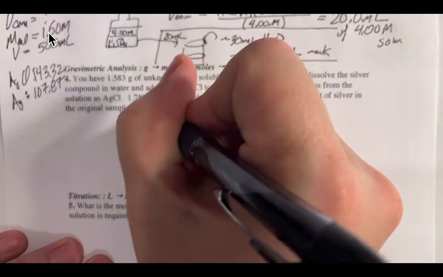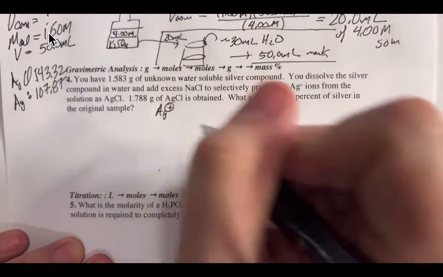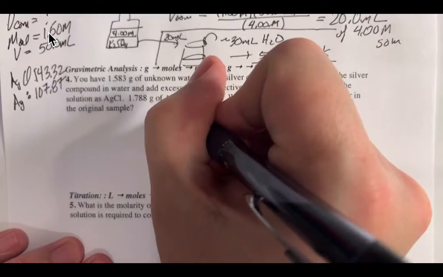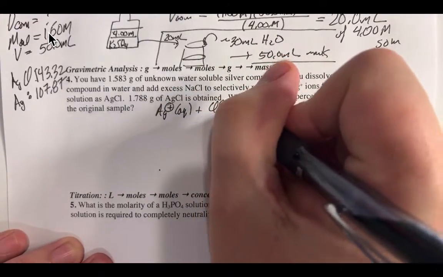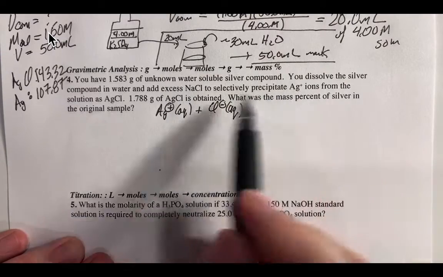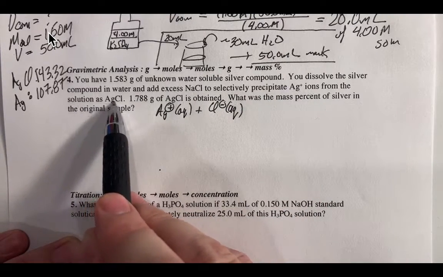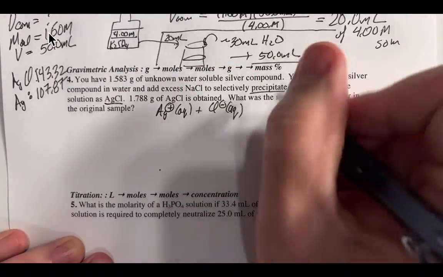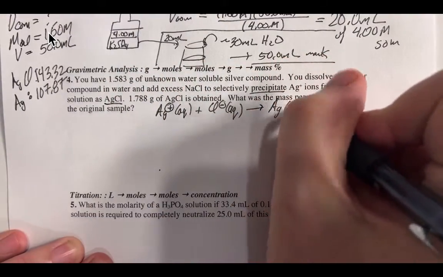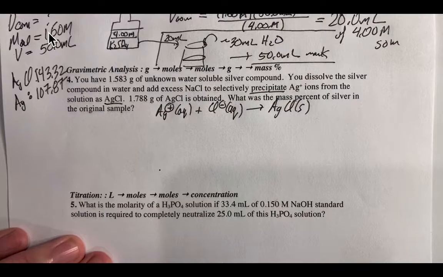Okay, so I can write a net ionic for that. So silver, which was aqueous, met with chloride, which was aqueous. It's precipitated from the solution, they tell us, precipitated from the solution as AgCl solid.